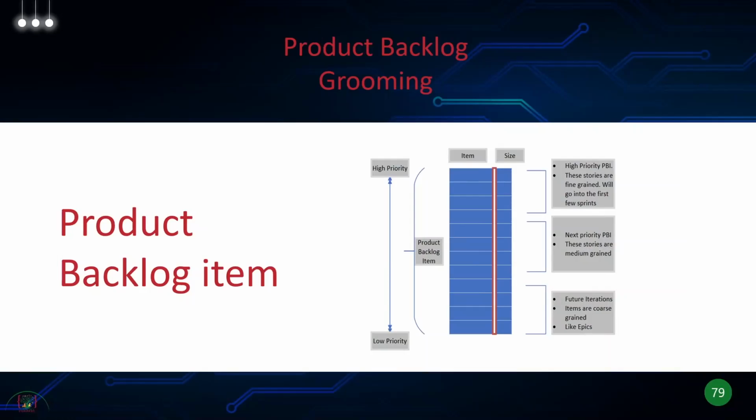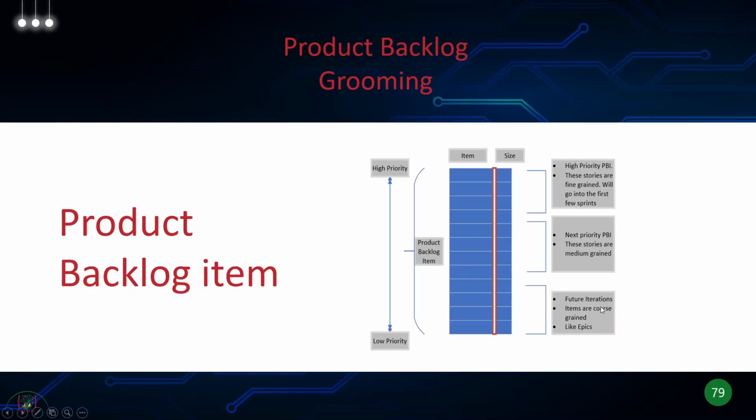So again, this is a graphical representation of your product backlog grooming. You have your product backlog items here. You prioritize it: high priority, low priority. You have your item, you have your size of the user stories. On top, you have the higher priority items, which are fine-grained. Then you have the next priority items, which are medium-grained.